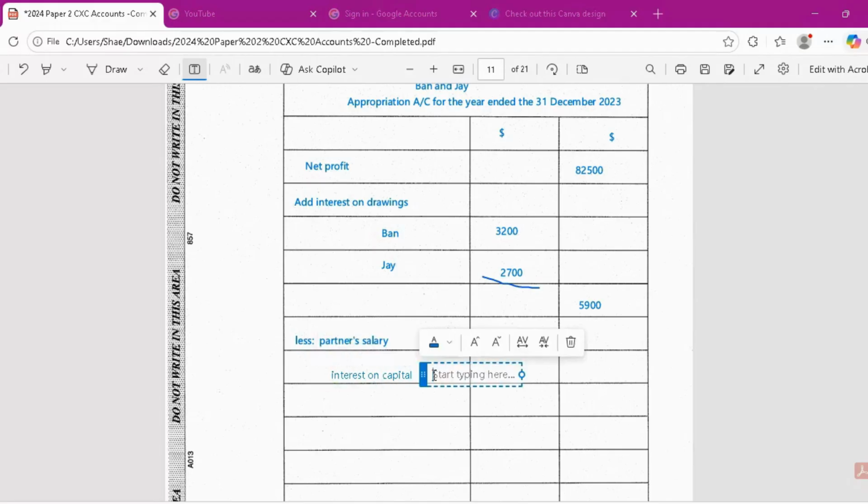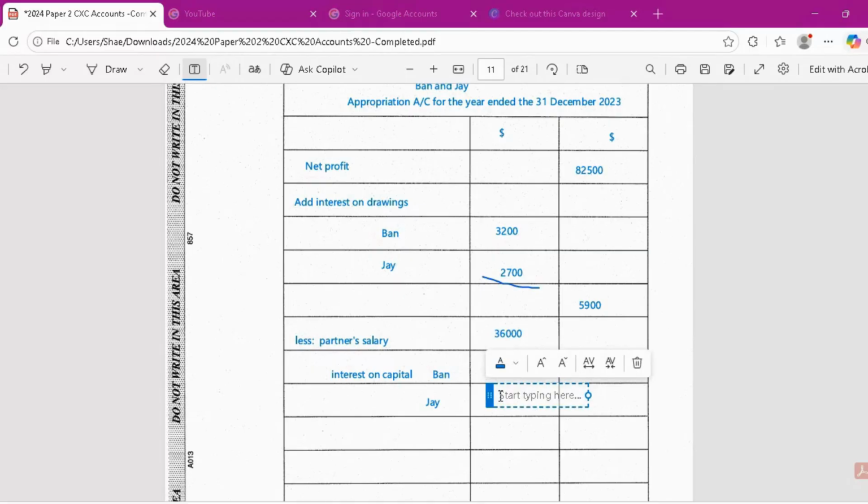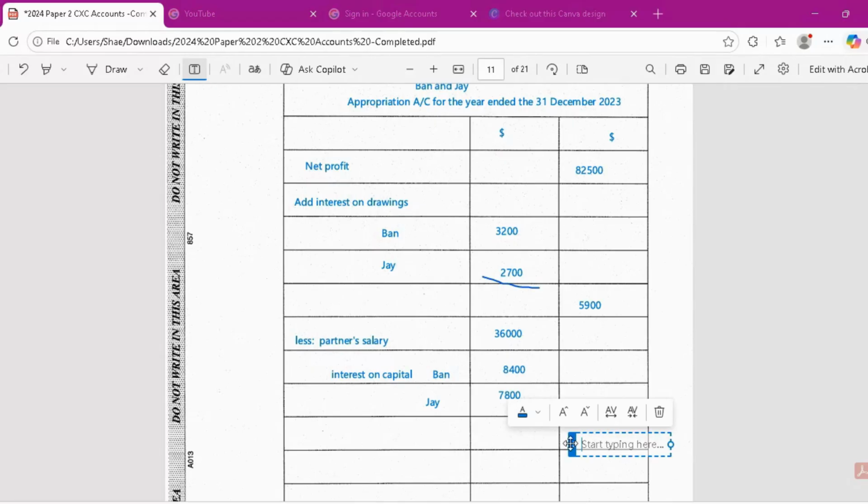And this is Ban. And we also have J. So we have 36,000 here. 8,400 was for J, for Ban, and 7,800 for J. When you add these three figures together, you will get 52,200.